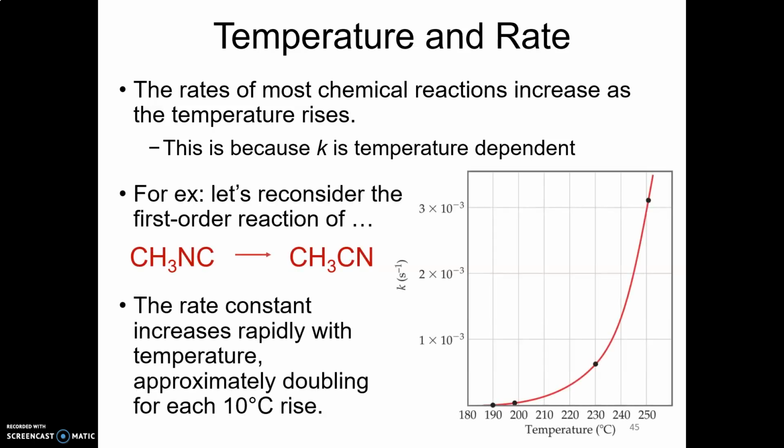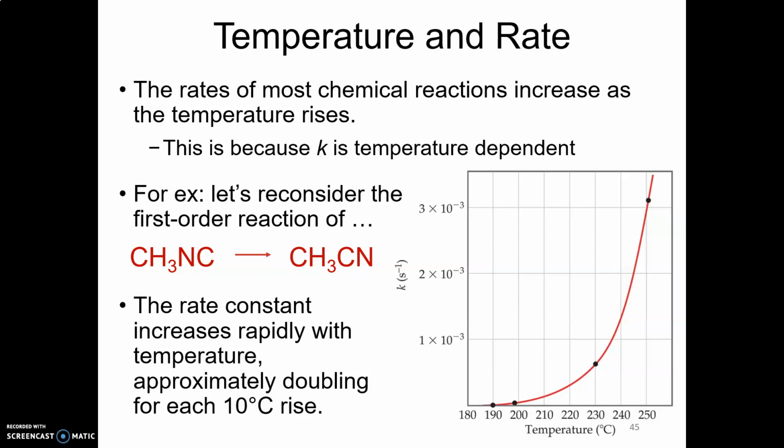So in this plot, we have temperature on the x-axis and K on the y-axis. And as temperature goes up, K goes up. It's a linear relationship, which is why rate and temperature have a linear relationship, because rate and the rate constant have a linear relationship based off the rate law.